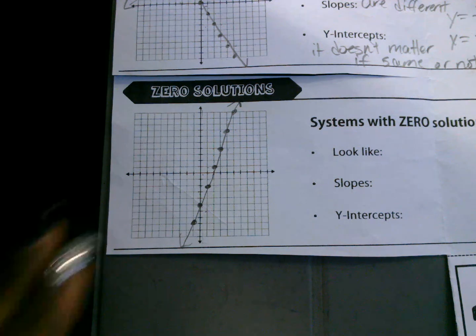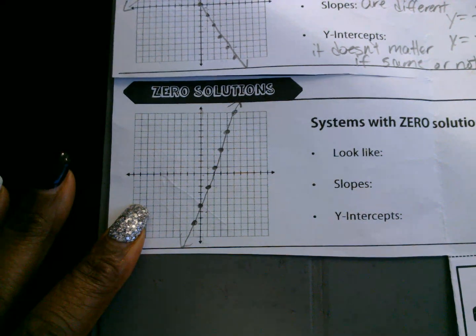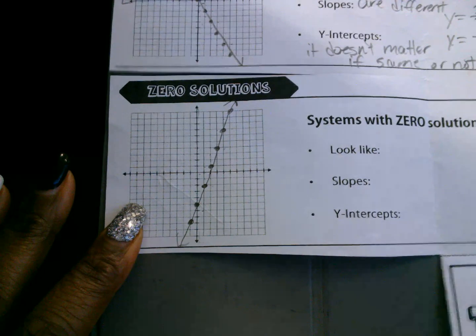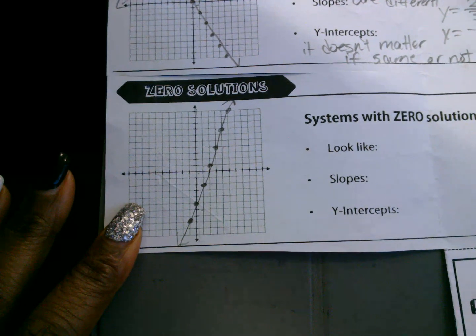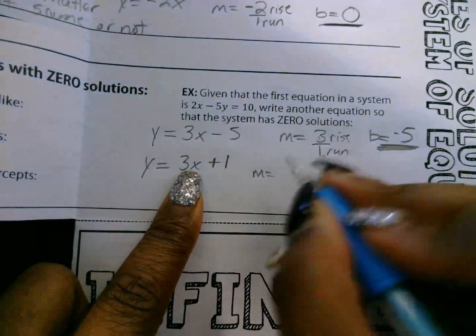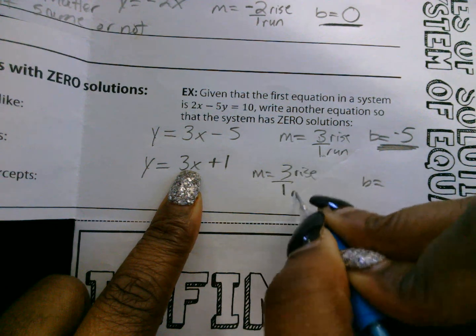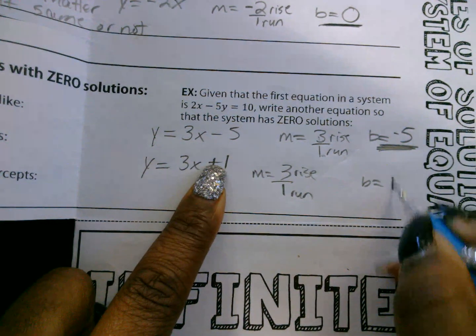All right. Let's do the next one. The slope is 3 here. The y-intercept is 1.